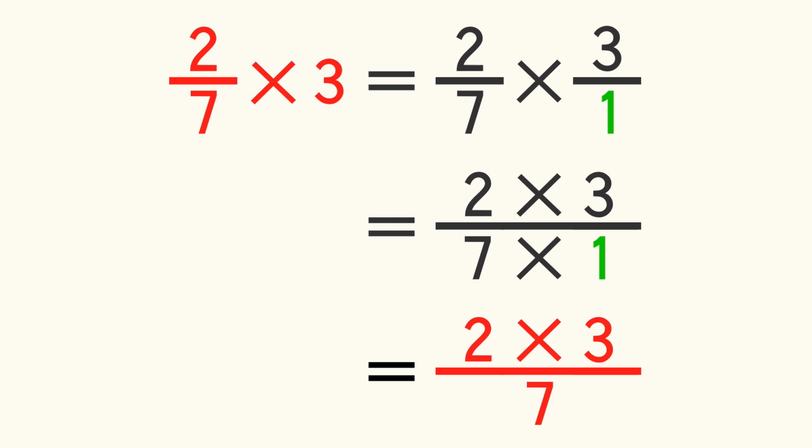We multiply the numerators together and then the denominators together. In this calculation, since we multiply by 1 in the denominator, which has no effect, we can keep the denominator the same and just multiply the numerator by the whole number.